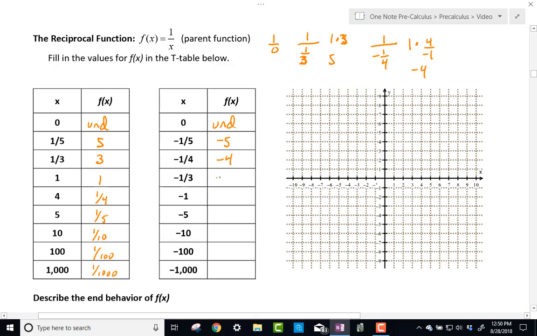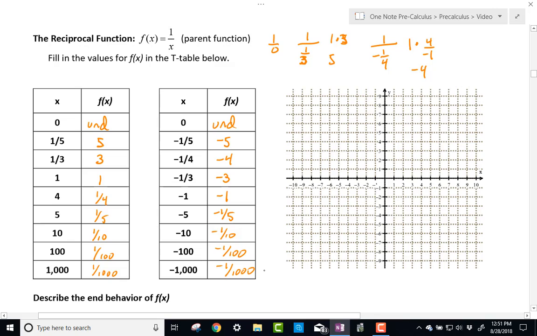My next one would be negative 3, 1 over negative 1 is negative 1, 1 over negative 5 is negative 1/5, and then negative 1/10, negative 1/100th, and negative 1 over 1,000.